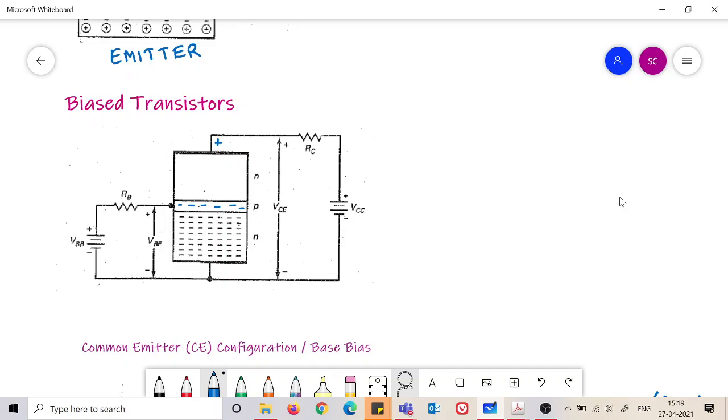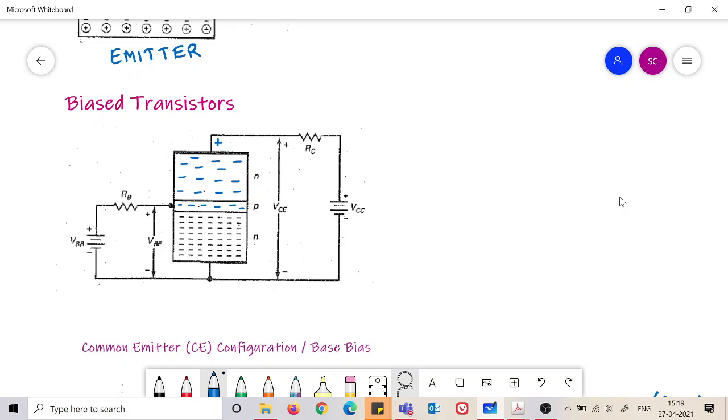And when they come to the collector region, they would further experience an attraction force towards this end of the collector, because there is a positive potential appearing there due to the reverse biasing of the collector base junction.